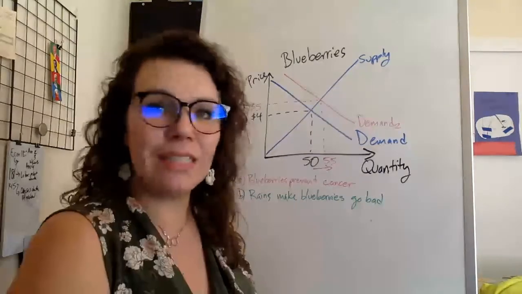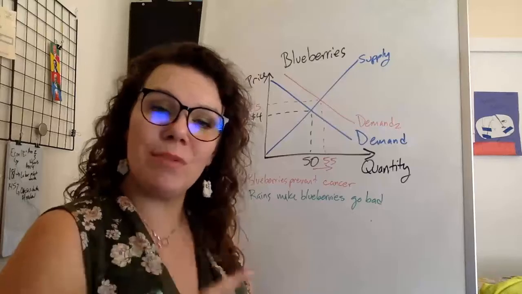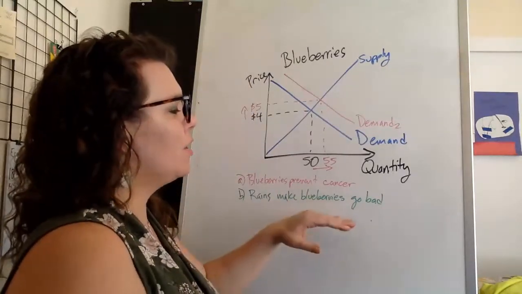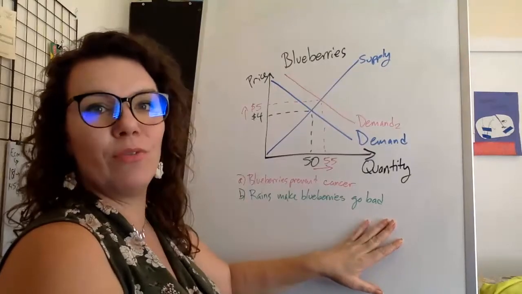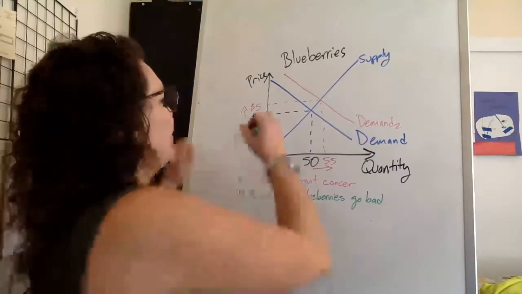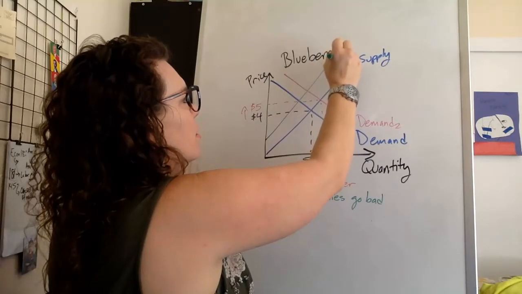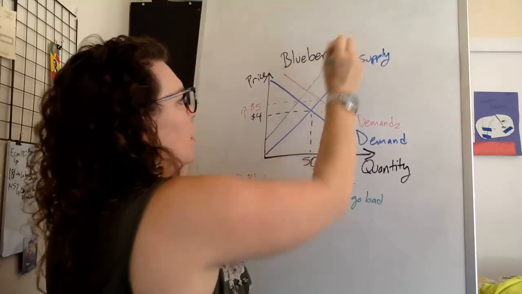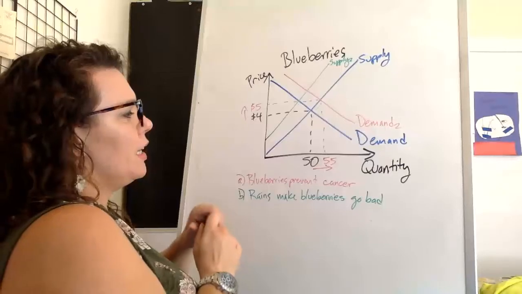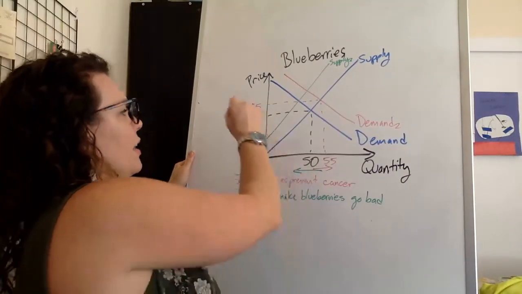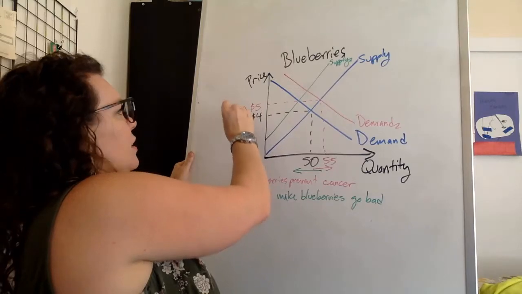That's not going to be a demand side effect. That's going to be a supply side effect, right? That's going to mean that there are fewer blueberries at every given price. That's going to shift that supply curve in to the left. And that means that we're going to see the equilibrium quantity decrease and the equilibrium price increase.